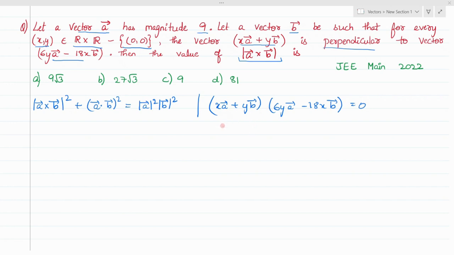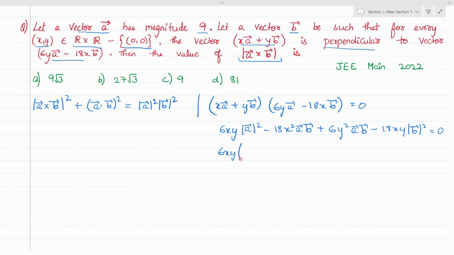Now just multiply this. You'll get 6xy mod A square, minus 18x square A dot B, plus 6y square A dot B, minus 18xy mod B square. Now take common.